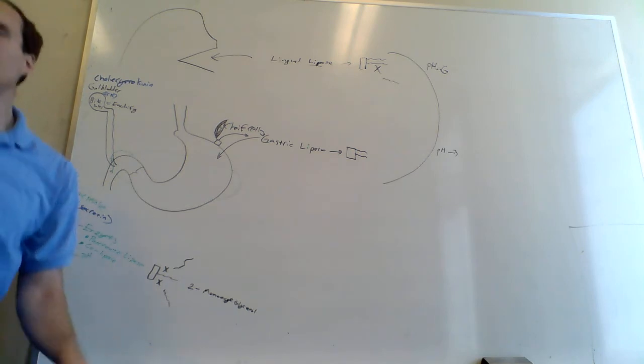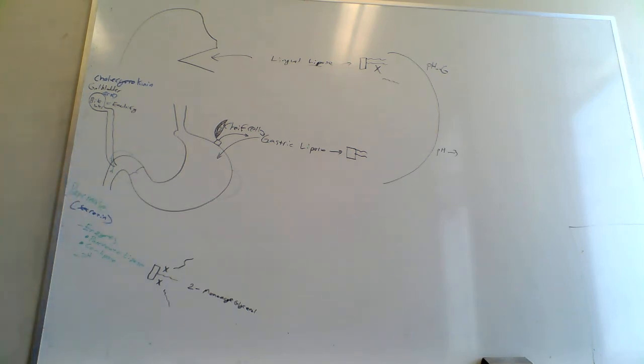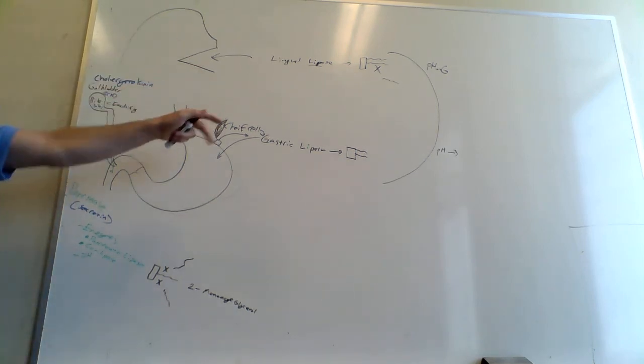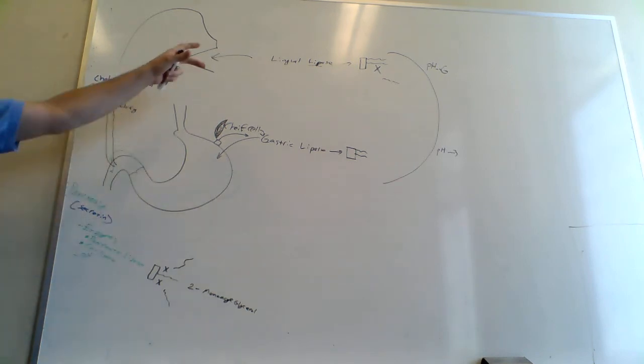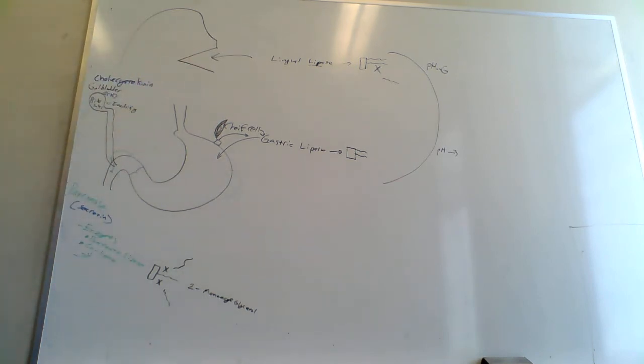Co-lipase basically has a portion that can be happy with fat and a portion that's happy with the pancreatic lipase, and so it brings them close together so that it can work more efficiently. Okay? So co-lipase, I actually think I remember some people saying that she asked a question on that one at one point too. Is there any other name for it? Not that I know of. Okay.